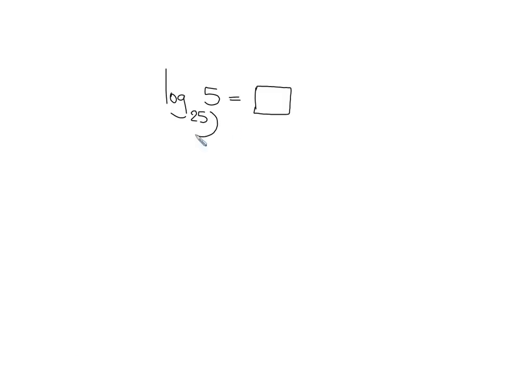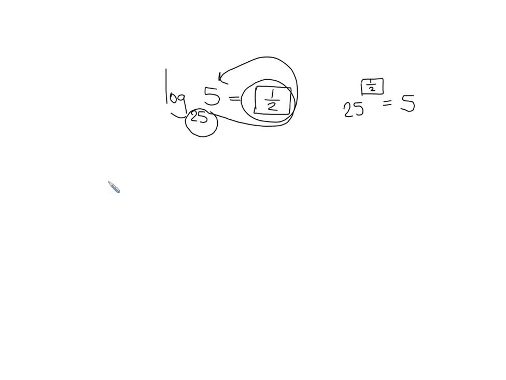We need 25 raised to what power equals 5? Nope. There it is. 1/2. Because the 1/2 power is really what? Square root. The square root of 25 is equal to 5. So this is really the 1/2 power. Do you guys see that? So be careful. Remember, that's a power. It's not being multiplied. It's being raised to that power. So now, do you guys see why this is called a base?